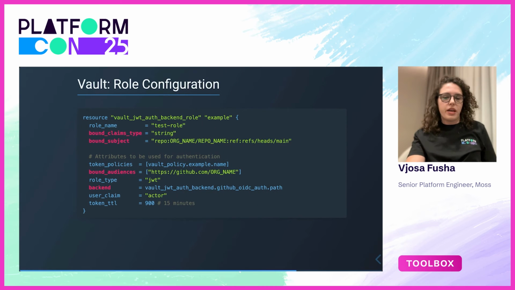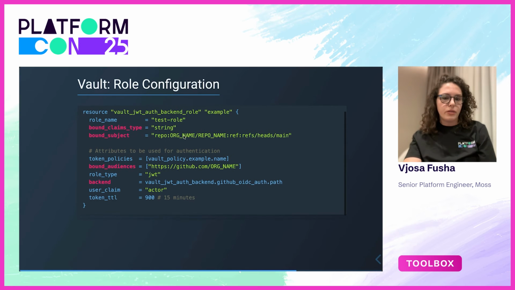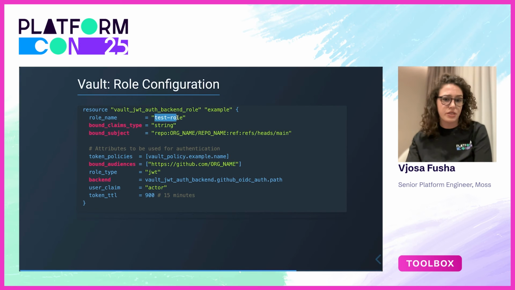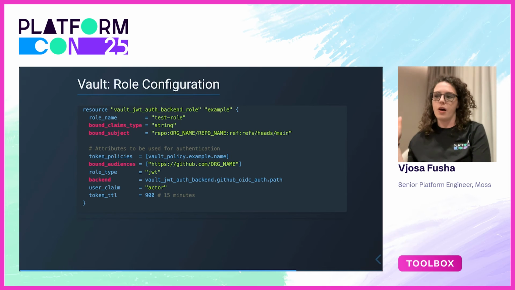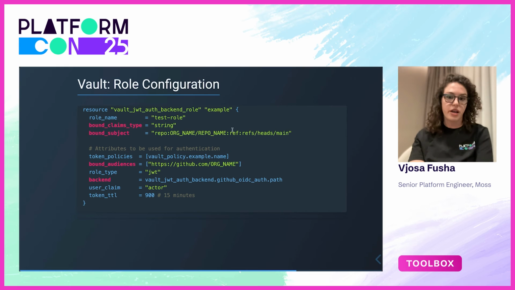Once we have the auth backend, we can create the auth backend role. So here we just define the name, the bound claims, and the bound subject. In my case, I wanted a bound subject for one specific repo on the main branch. Here you can also define whatever you see fit, or how you would like the authentication to be.